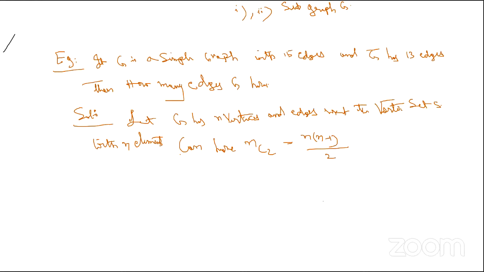By definition of the complement of a graph, here G is the graph and G bar is the complement.